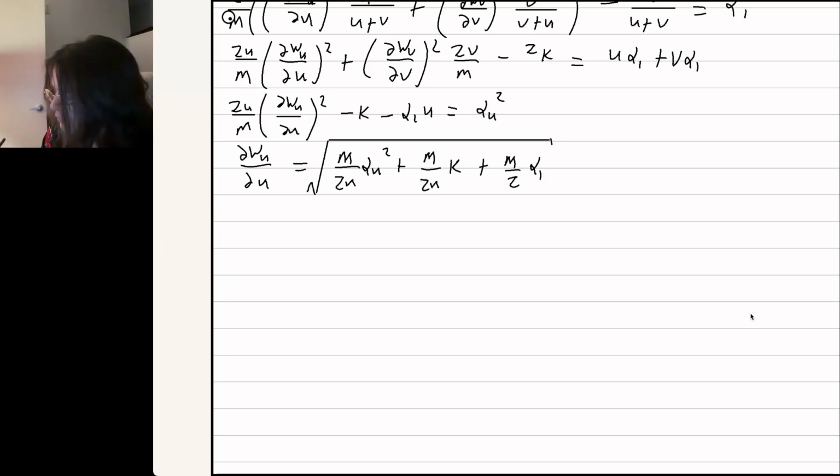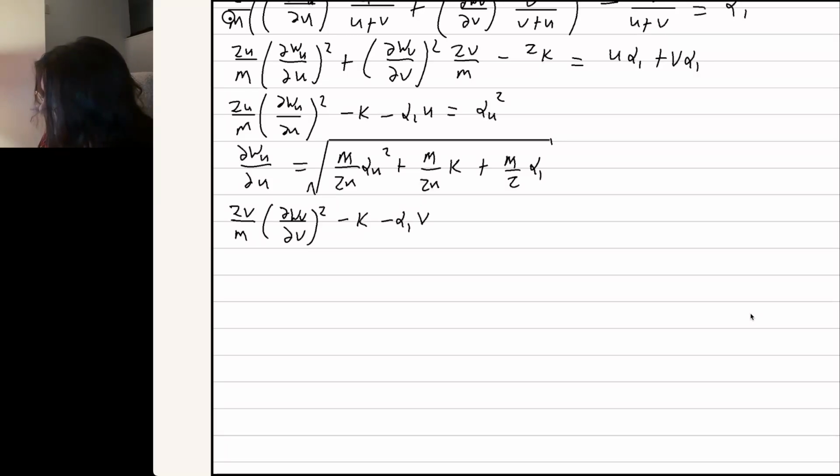You can do the same thing for v, just stealing half of the Hamilton-Jacobi equation, just the stuff that involves v, so 2v over m (del W_v over del v) squared minus k minus alpha 1 v equals alpha v squared. And then it's just solving for that stuff again.